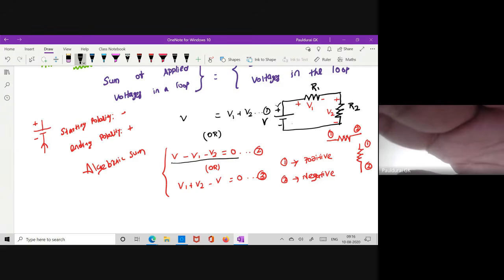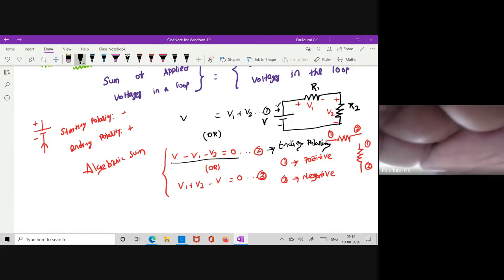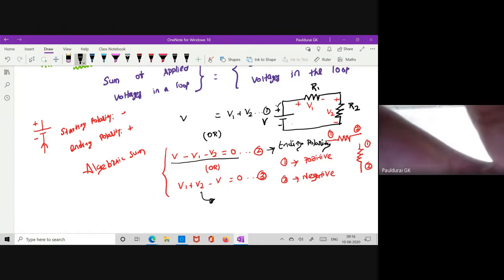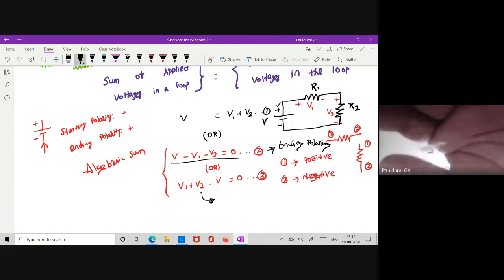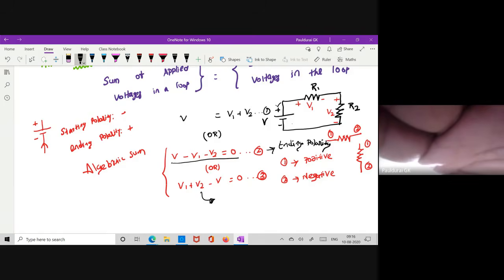V2 plus to minus, we consider the ending polarity. So in equation number 2, actually we consider the ending polarity. Okay. Equation number 3, what do we consider? In equation number 3, V1 is positive. See, V1 plus to minus, right? So positive. We consider the starting polarity. V2 plus to minus, we consider the starting polarity. V minus to plus, we consider the starting polarity. So it considers the starting polarity.